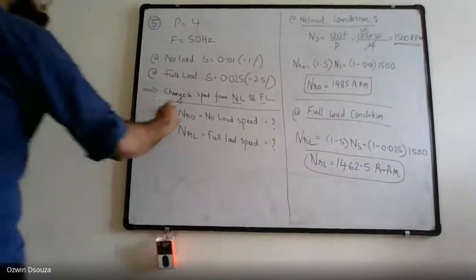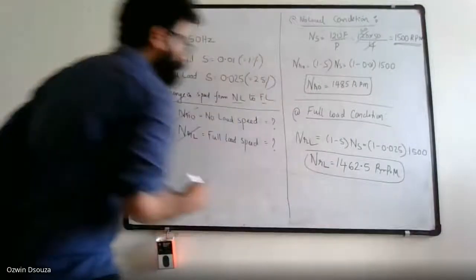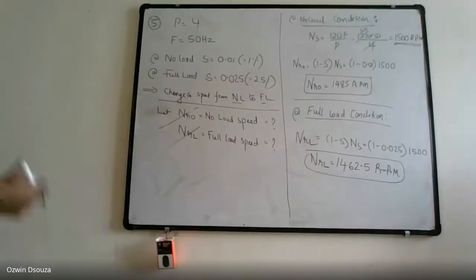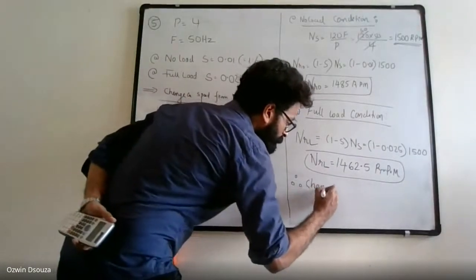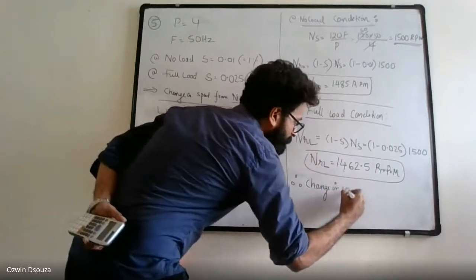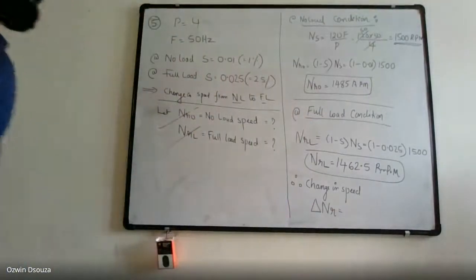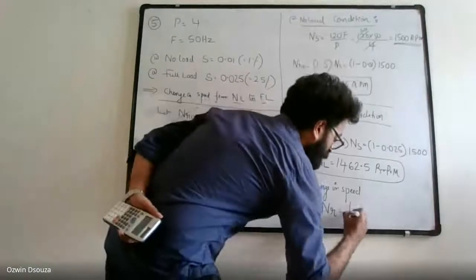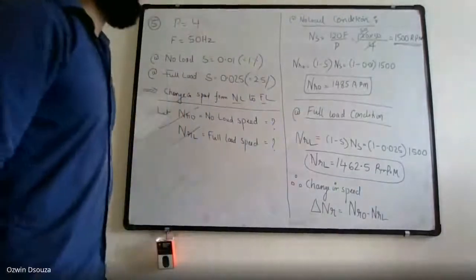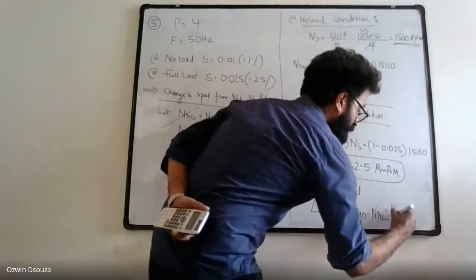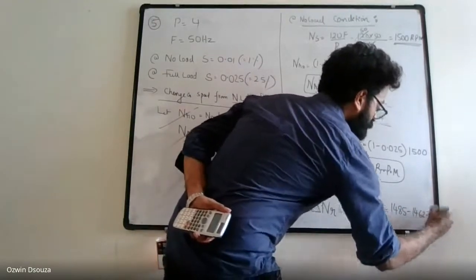So you have found NR naught and you have found NRL. Once these two speeds have been found, you can find the change in speed. Therefore, the change in speed, delta NR, is equal to NR naught minus NRL, that is 1485 minus 1462.5.